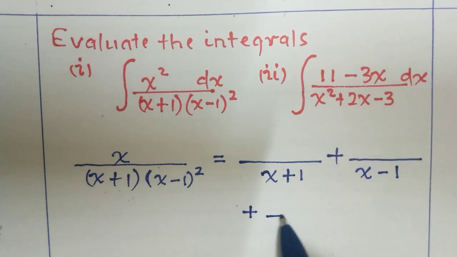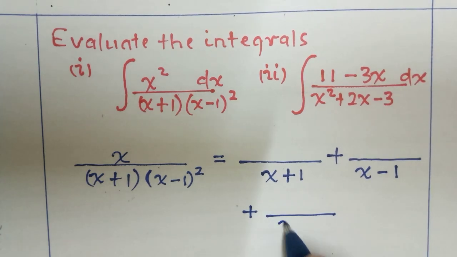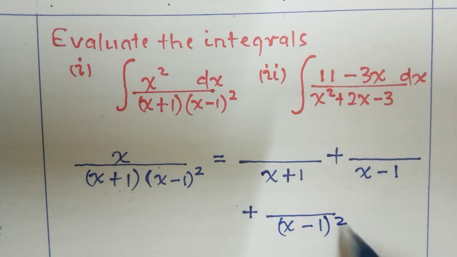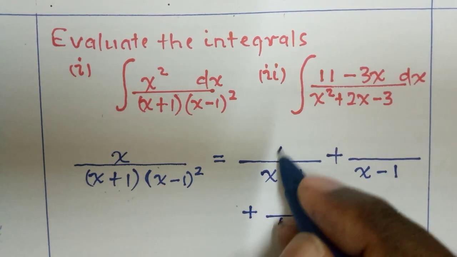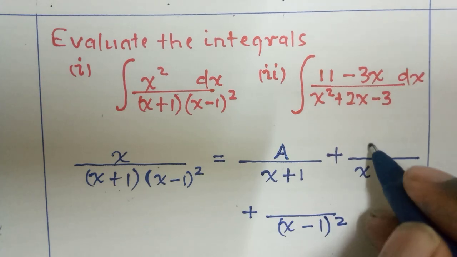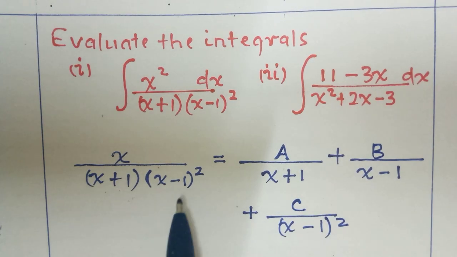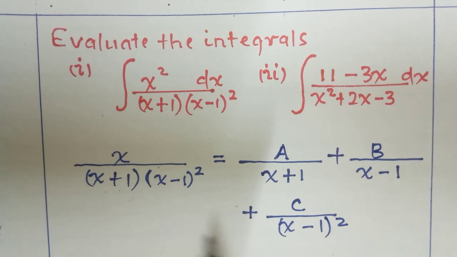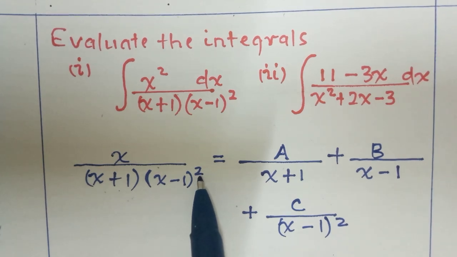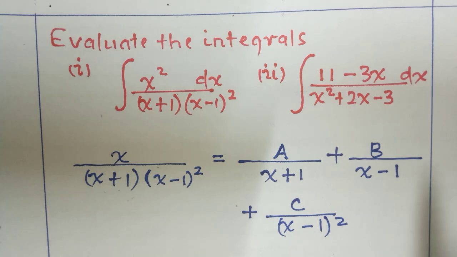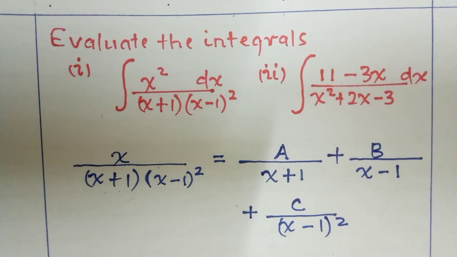According to the partial fraction rules, we shall have something like that, squared, so that the unknown here is a, here we have b and c. So always this one you write it 2 times to the power of whatever power it has. If it has to the power of 3, I would still have added another one, x minus 1 to the power of 3. So that's how we do it, guys.